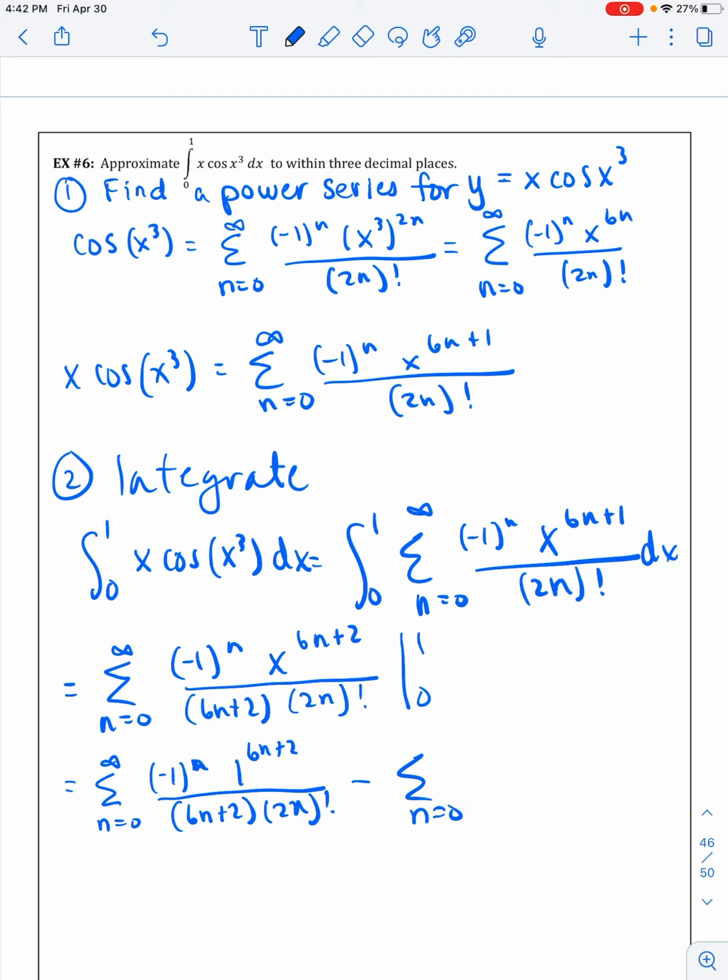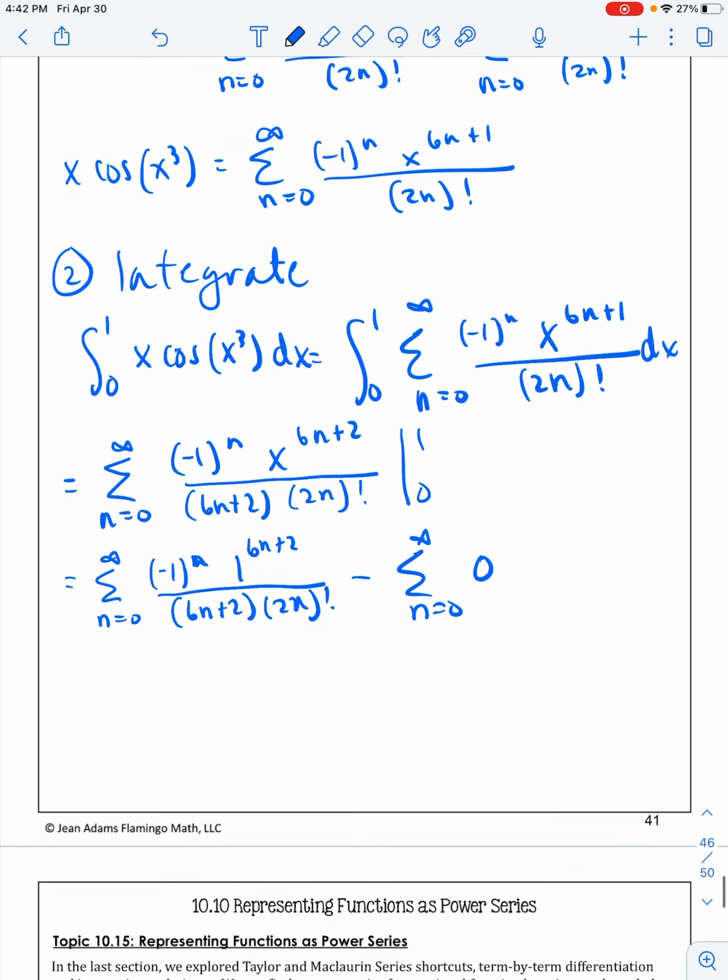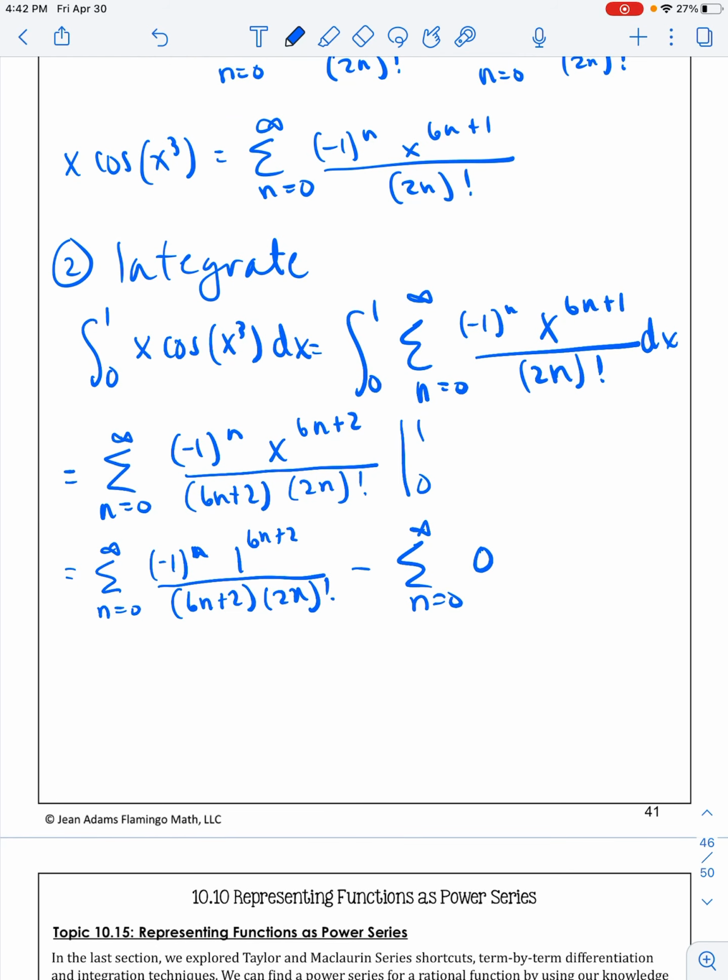And when we put the 1 in, we get 1 to the 6n plus 2 divided by 6n plus 2 times 2n factorial, minus the summation n equals 0 to infinity of 0.